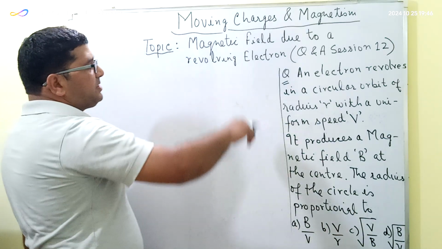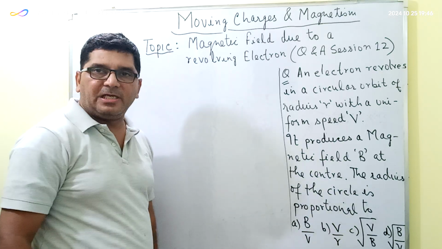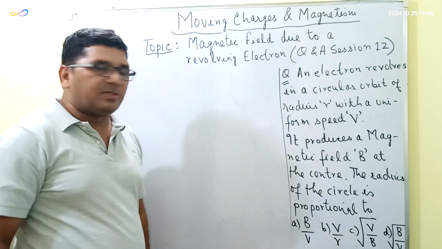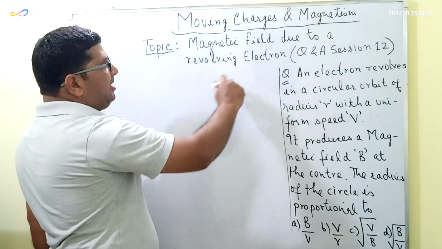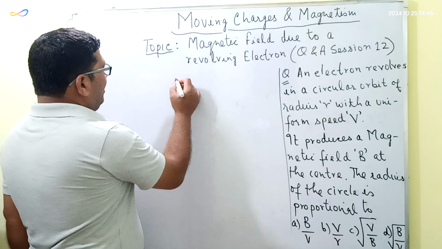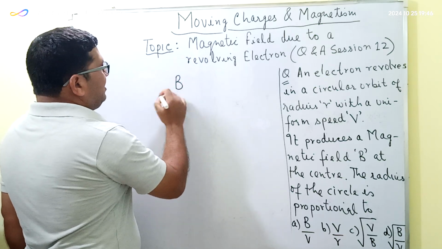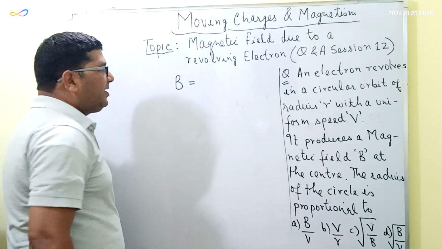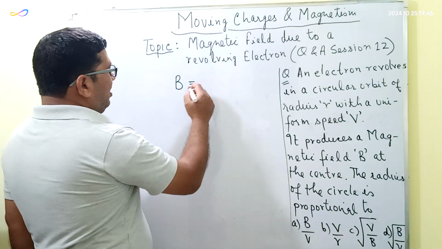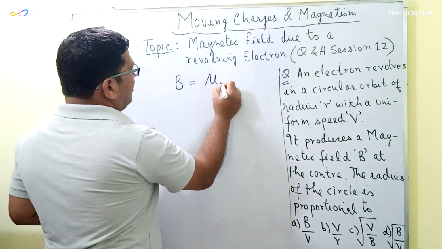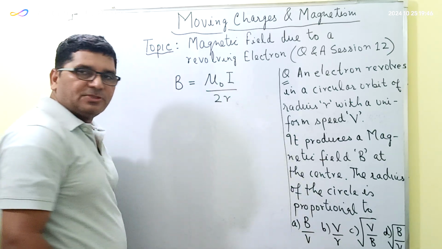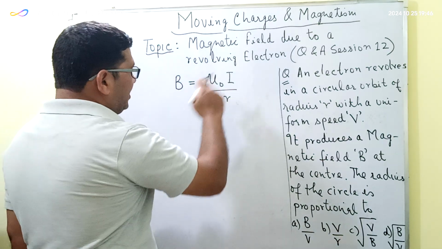Now this session is based on the previous session, session number 11, in which we derived the equation for the magnetic field at the center of a current carrying circular coil. It is given by mu naught I upon 2r, where r is the radius of the circular coil and I is the current flowing in it.